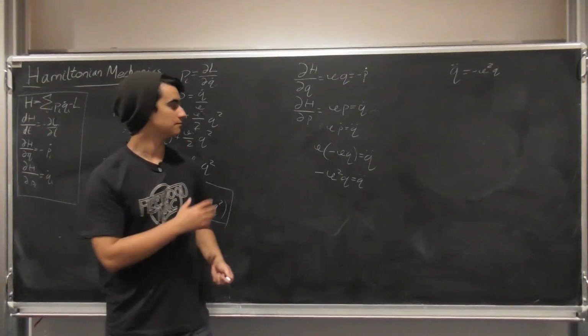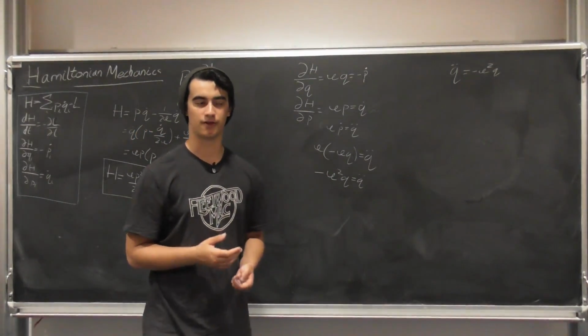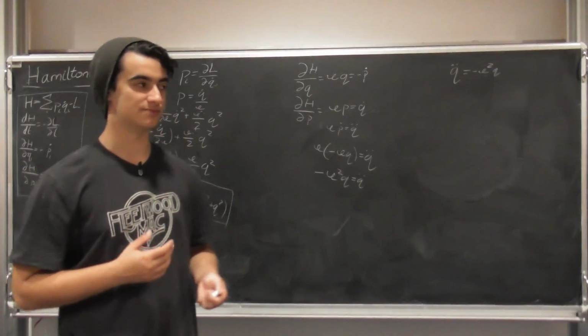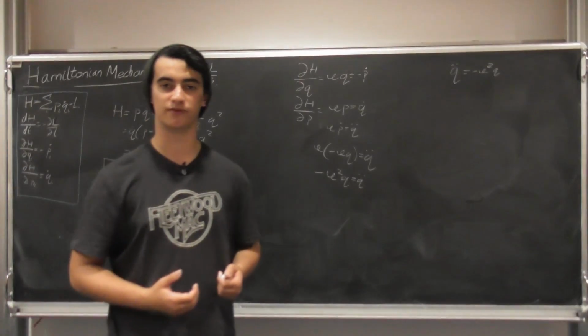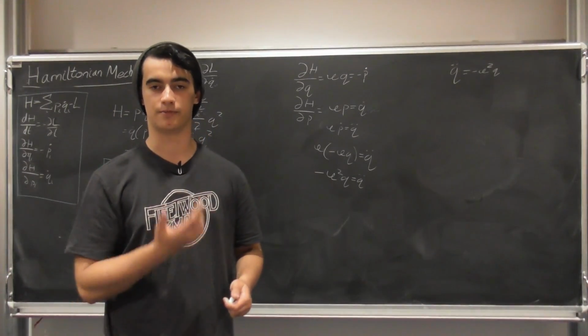Okay, so now that we have our equation of motion done by the Hamiltonian method, let's think about what this means in the phase space. Our phase space we defined as the space of q_i and p_i.